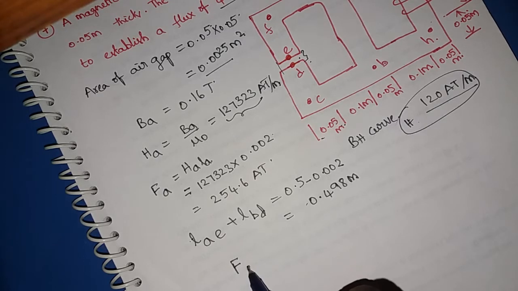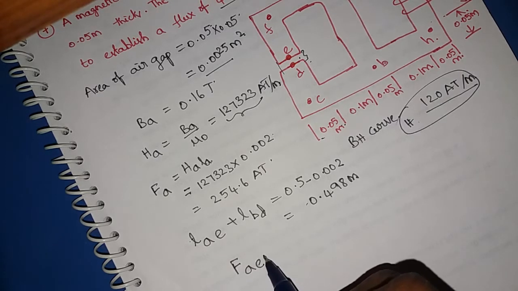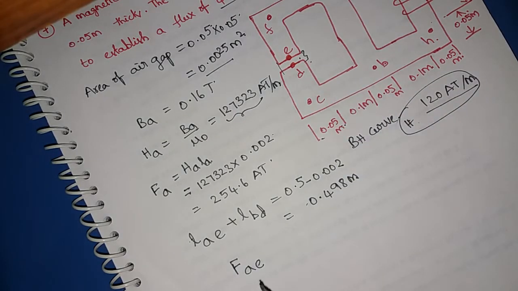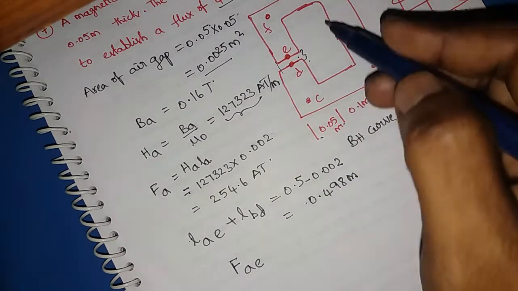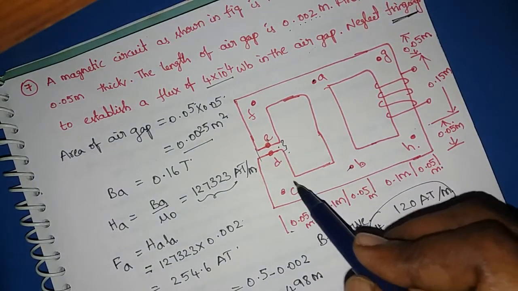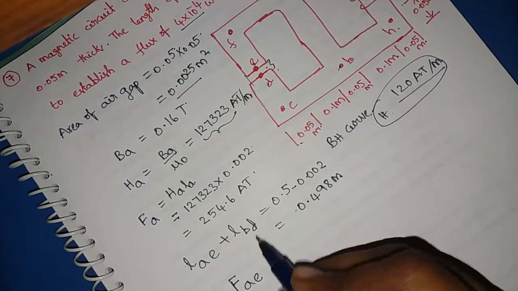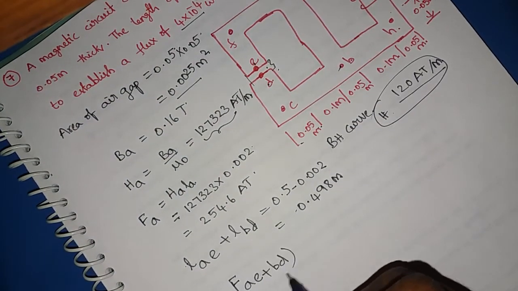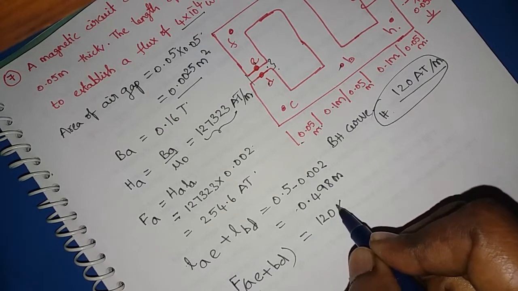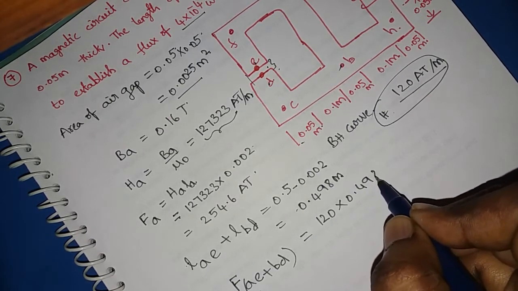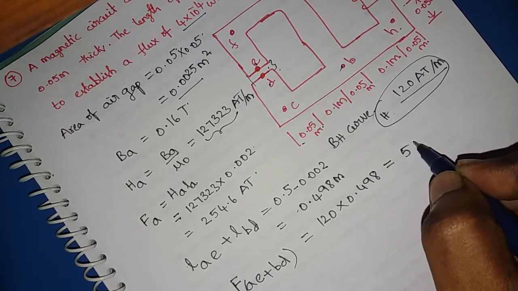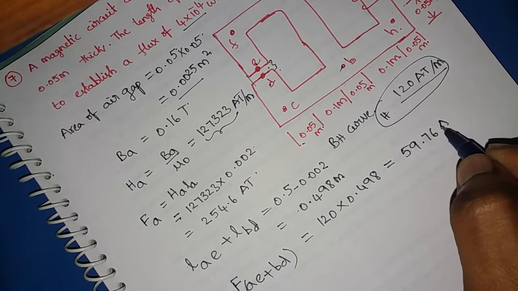F of AE and BD. F of AE means from here to here to here. BD means from here to here. This is 120 into 0.498. It is around 59.76 ampere turns.